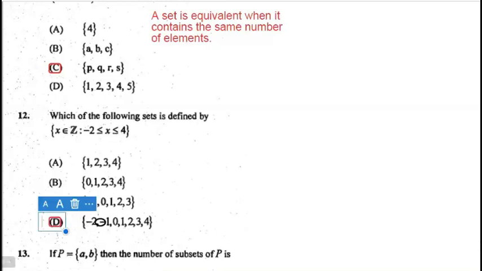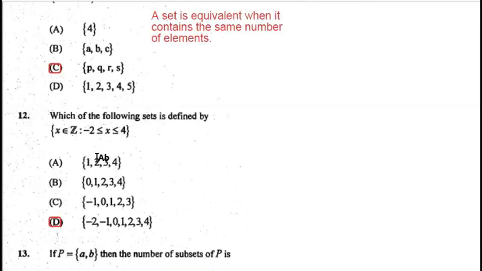So -2 is equal to -2, and then -1 is greater than -2 and at the same time less than 4. 0 is greater than -2 and at the same time less than 4. 1 is greater than -2 and at the same time less than 4. 3 is greater than -2 and at the same time less than 4, and 4 is greater than -2 and at the same time is equal to 4, and that fulfills the inequality.